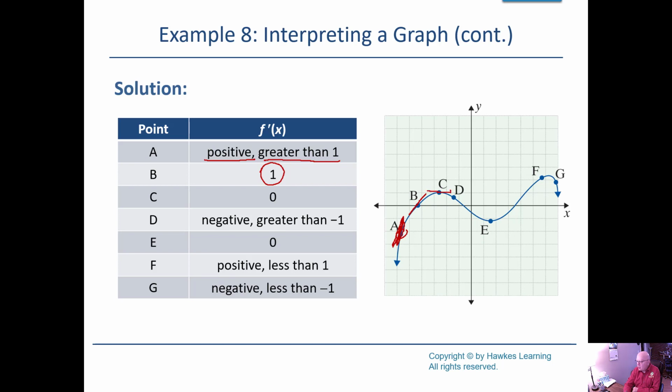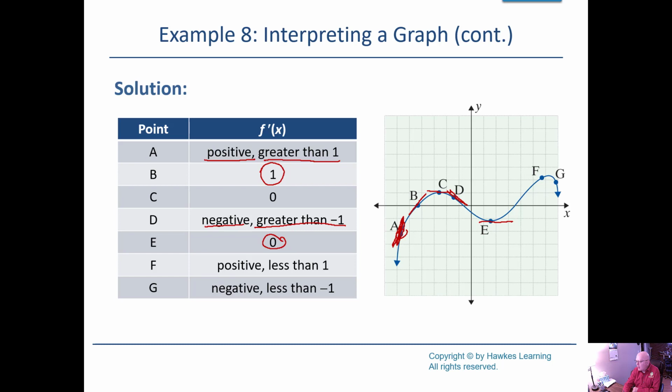Over here at D, we're going downhill, so the slope is negative. It's hard to tell exactly. It looks close to 45, but according to this, it's a little bit bigger than negative 1. It would be nice to have some actual numbers to figure that out. At E, it's bottomed out, so it's horizontal, slope is 0.